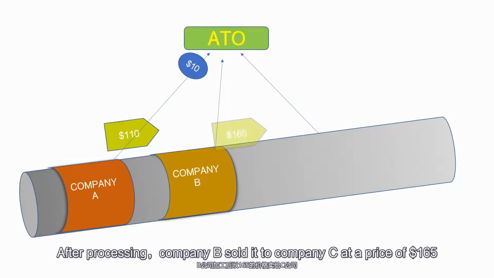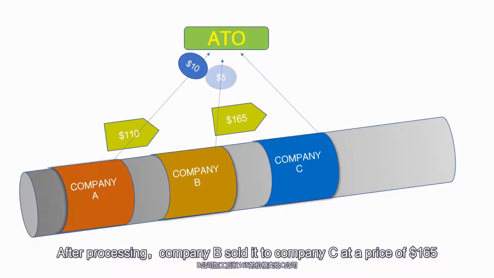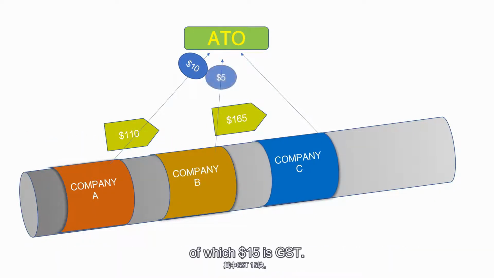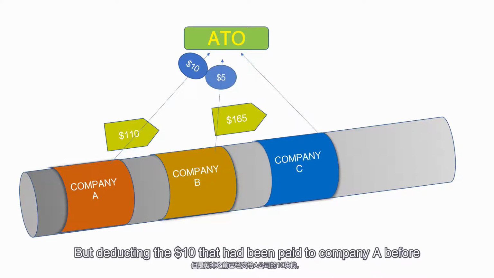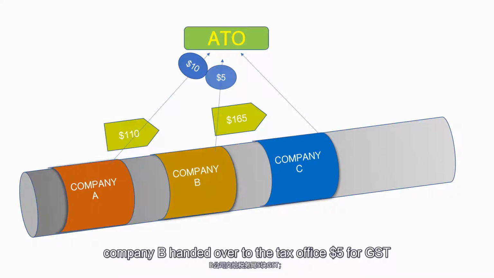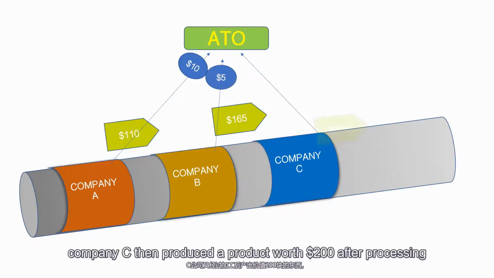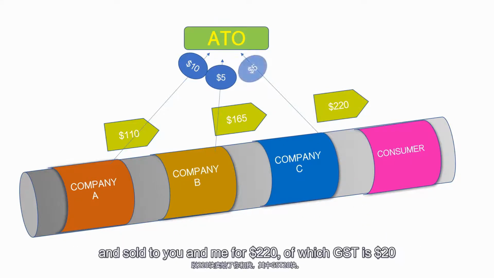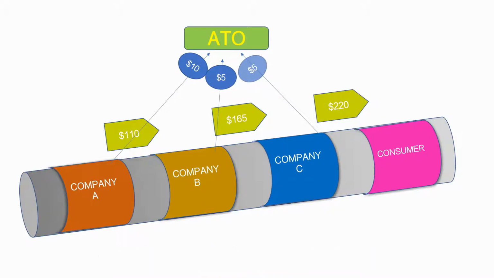After processing, Company B sold it to Company C at a price of $165, of which $15 is GST. But deducting the $10 that had been paid to Company A before, Company B handed over to the tax office $5 for GST. Company C then produced the product worth $200 after processing and sold to you and me for $220, of which GST is $20.